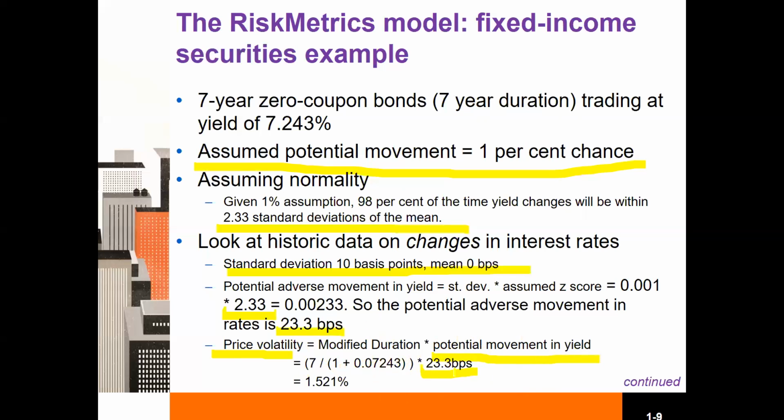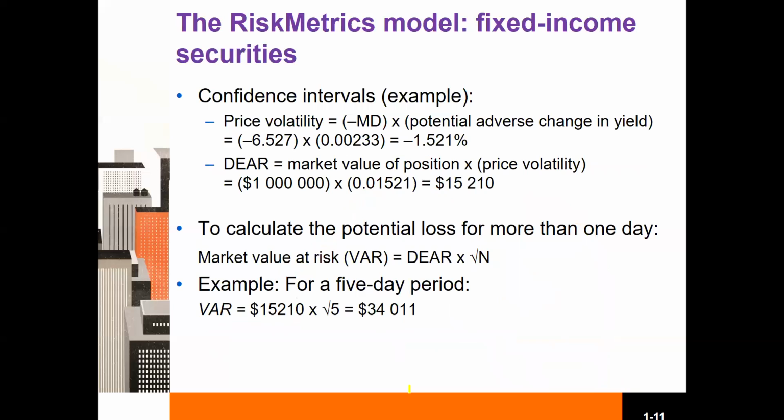So modified duration multiplied by this movement, our price volatility is, you can see, modified duration multiplied by the potential adverse change in yield, which is minus 1.521%.